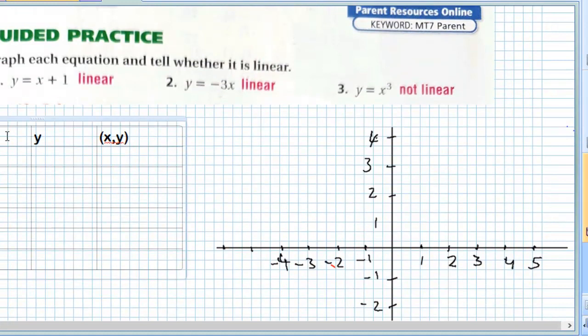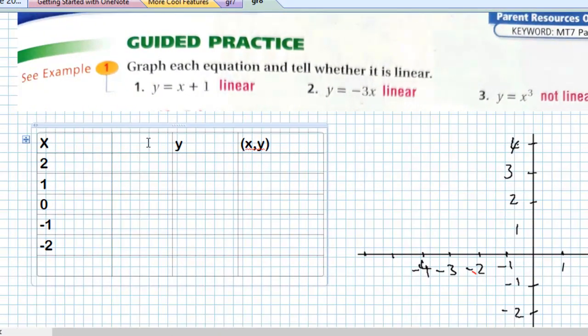In the second question, we have y equals -3x. So let's substitute for x equals 2. -3 multiplied by 2 equals -6. Our point will be 2 and -6.